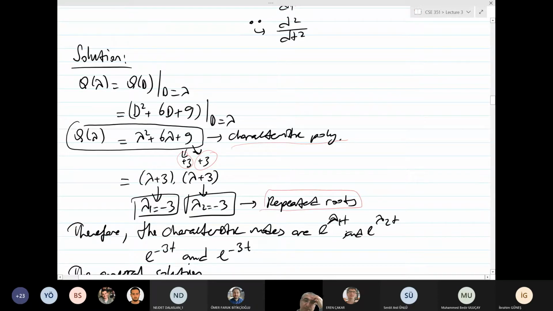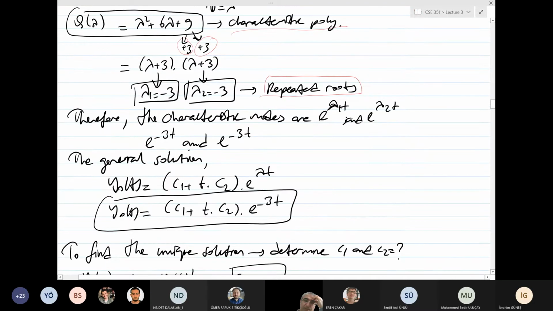Then I need to use the appropriate equation, the solution for that. So the characteristic modes in this case are exponential lambda 1 t and lambda 2 t. Since they are equal to each other, it is going to be exponential minus 3t.